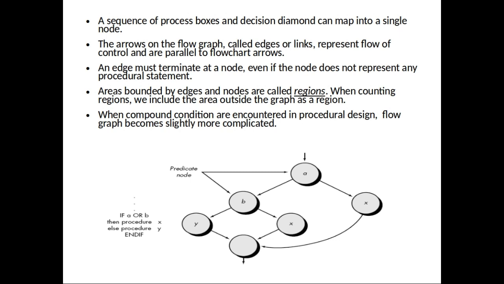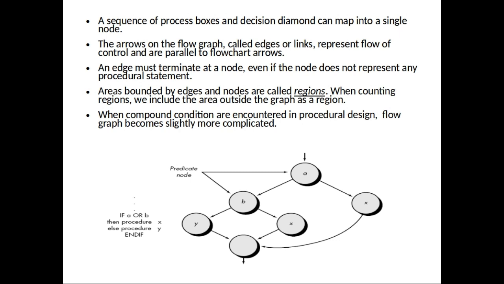When compound conditions are encountered in procedural design, the flow graph becomes slightly more complicated. In this figure, the program design language (PDL) segment is translated into the flow graph shown.